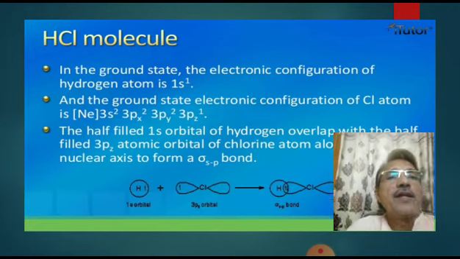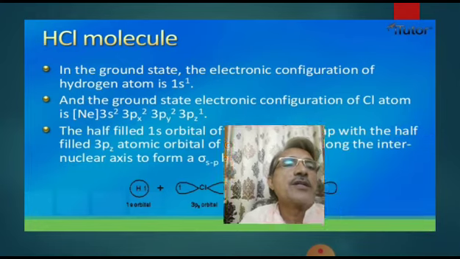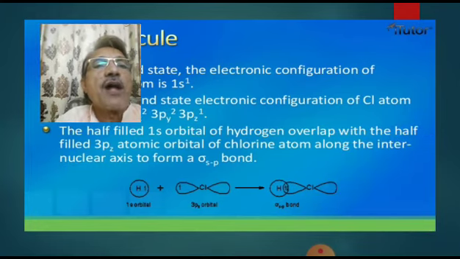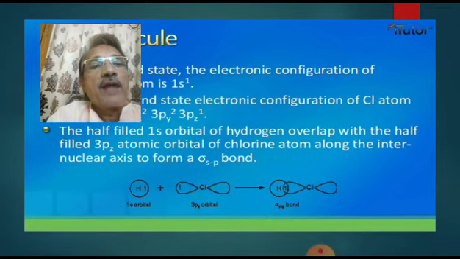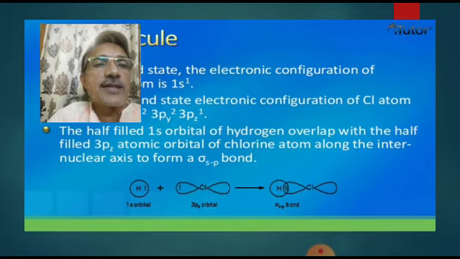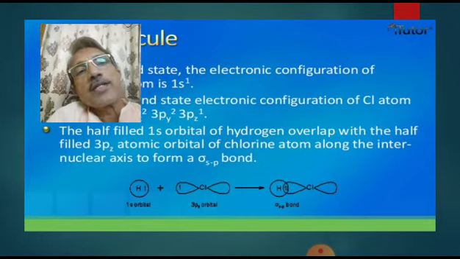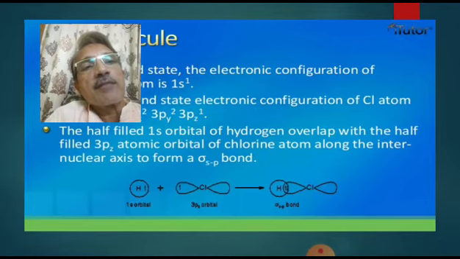The half-filled 1s orbital of hydrogen overlaps with the half-filled 3pz atomic orbital of chlorine atom along the internuclear axis to form a sigma sp bond. You can see the formation of HCl molecule.